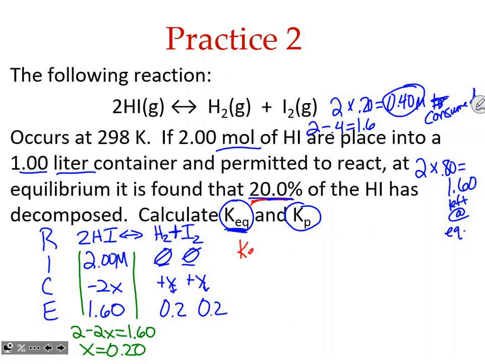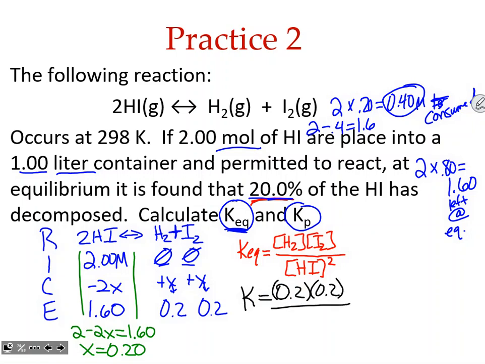So we have KEQ equals the concentration of hydrogen times the concentration of iodine over the concentration of HI squared. We plug this in. What is our KEQ, or technically KC here?